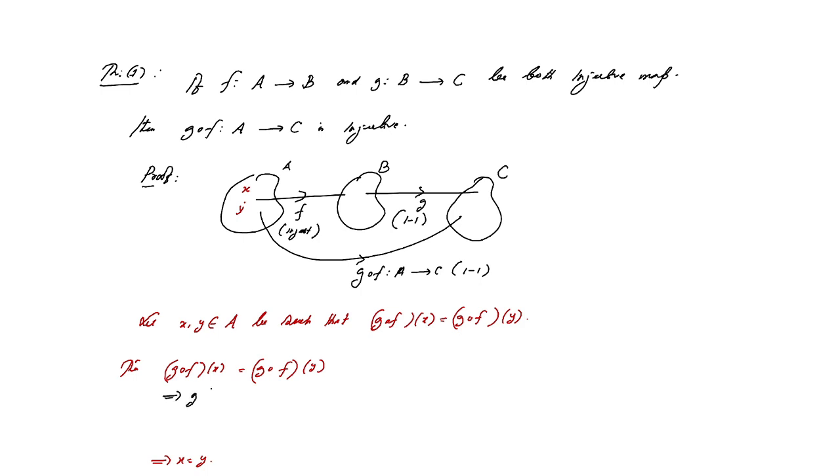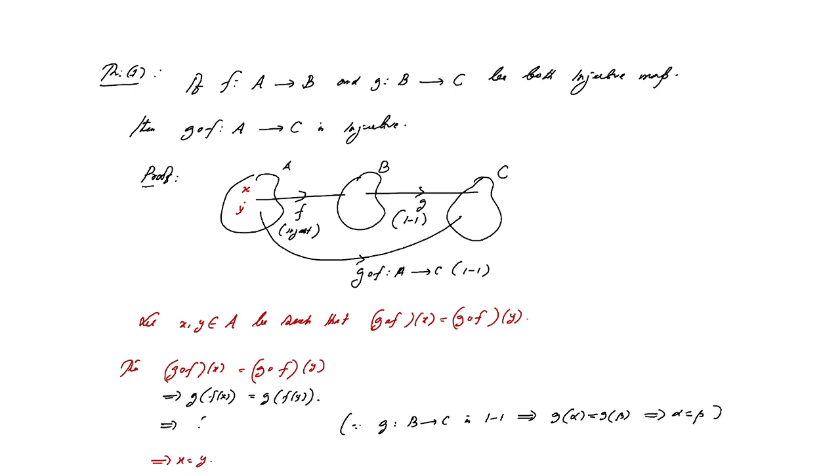We can write g composed f: g of f(x) equals g of f(y). Now since g is injective, g from B to C is an injective map, so g of alpha equals g of beta must imply alpha equals beta.